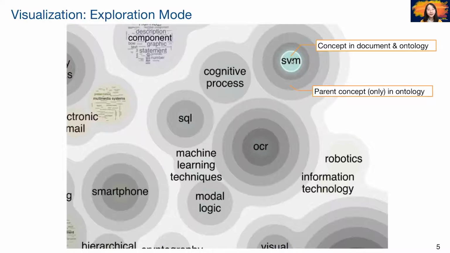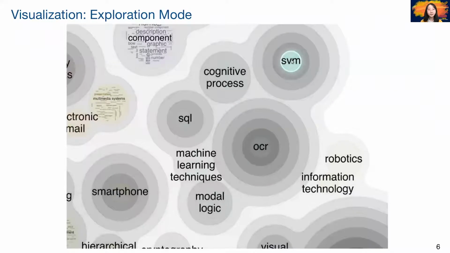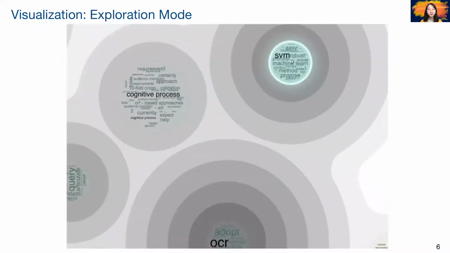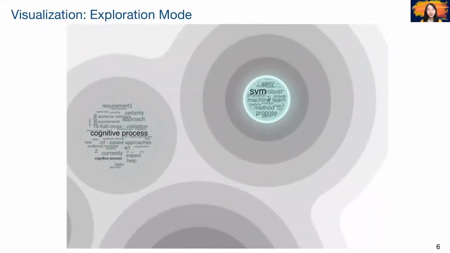The more inside the contour is, the deeper its corresponding concept is in the ontology, which also means the more specific the concept is. If we further zoom into a specific concept, for example, SVM, we can also check the word cloud of related concepts in the document about SVM.